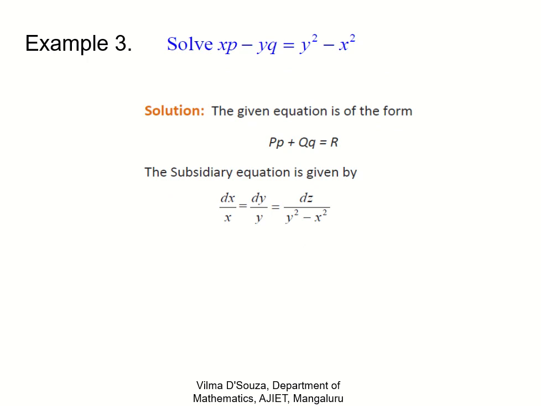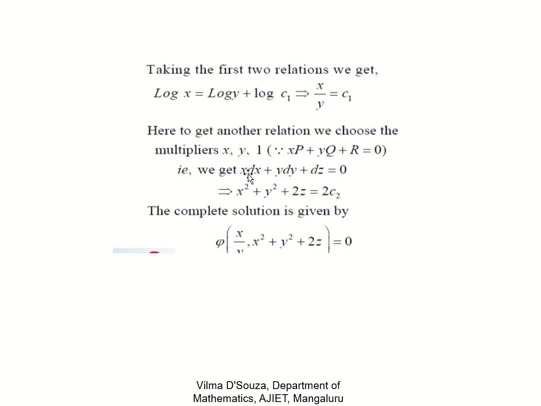Okay, here you have a very simple problem. Solve xp minus yq is equal to y square minus x square. Again of the form Pp plus Qq is equal to R. What is capital P? It is a simple function x, capital Q is y, and R is y square minus x square.